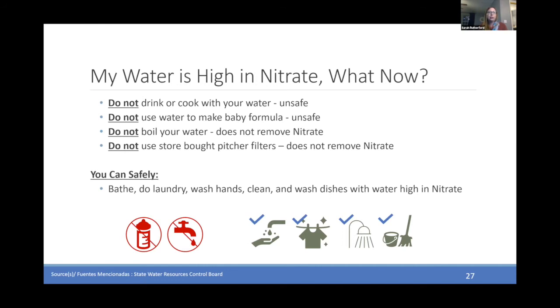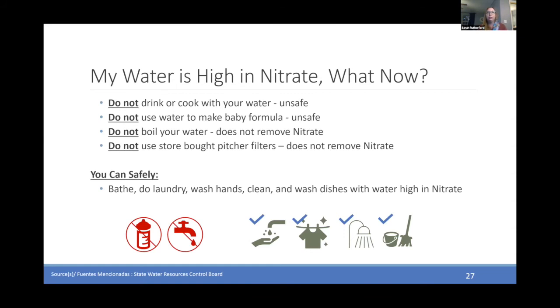Do not use water to make baby formula. Also unsafe. Do not boil your water because boiling does not remove nitrates. And do not use a store-bought counter pitcher. Those filters do not remove nitrates. Again, you can safely bathe, do laundry, wash your hands, clean, and wash dishes with water in your home that may be high in nitrate.